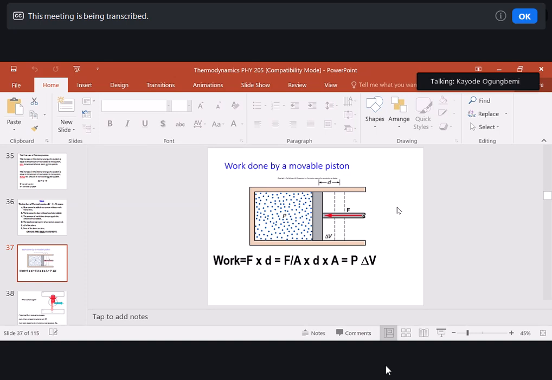Area is length times breadth, then times D, which is the height, that gives you volume, right? Yes, sir. And it's the volume that is changing. So work done here will be pressure times change in volume. That is how we collect this together, okay? We have not done anything wrong with this formula. This is how you can calculate the work done by a movable piston.